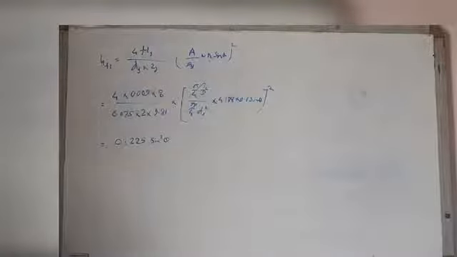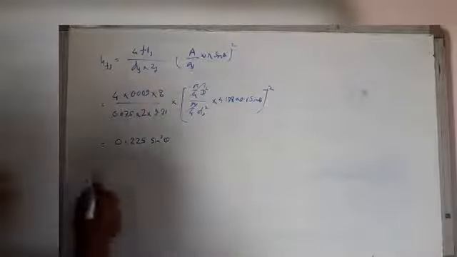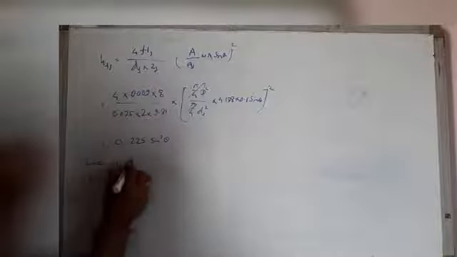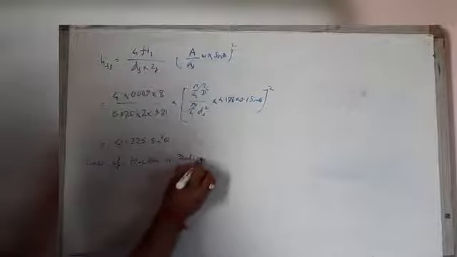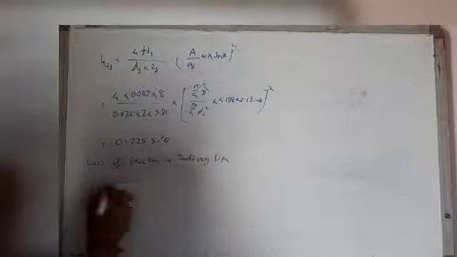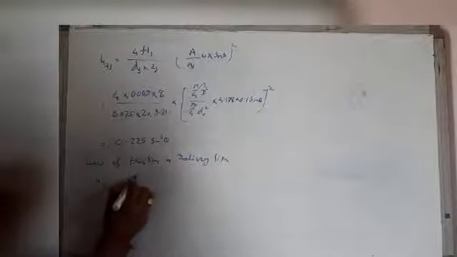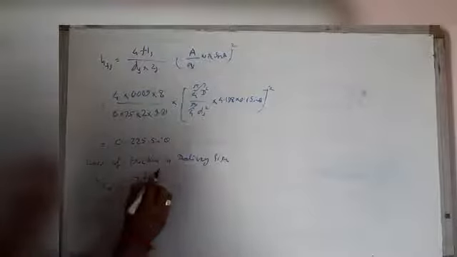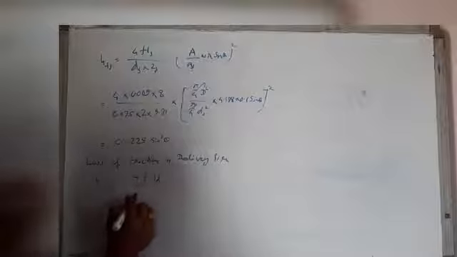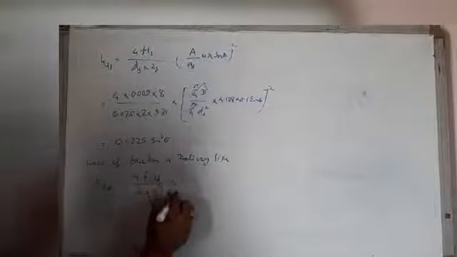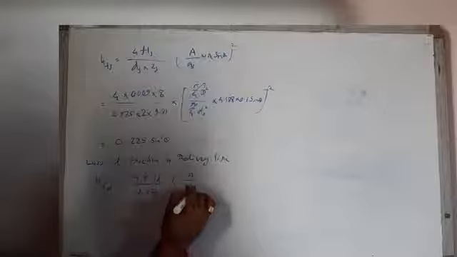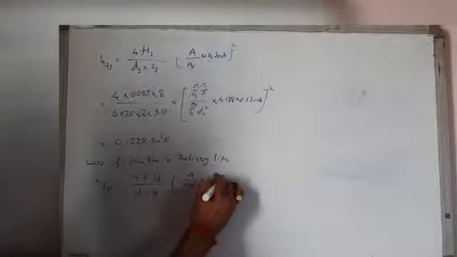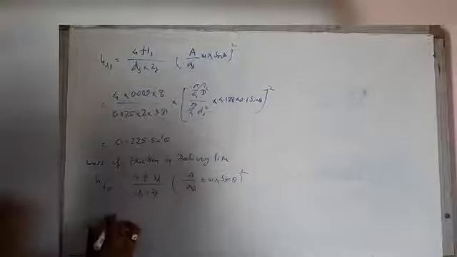Similarly, loss of head due to friction in delivery pipe is obtained by HFD equal to 4 f LD by dd into 2g, A by AD omega r sin theta whole square.